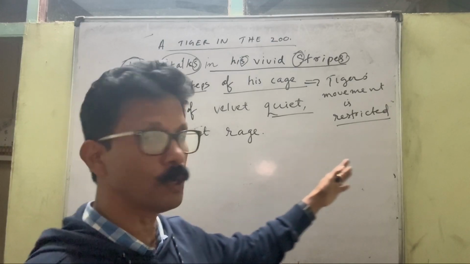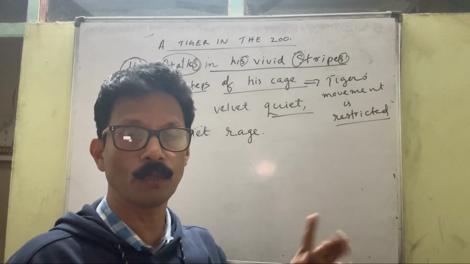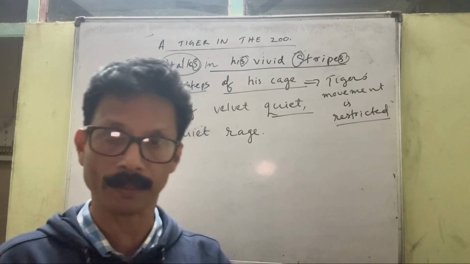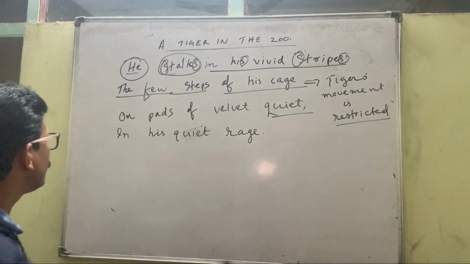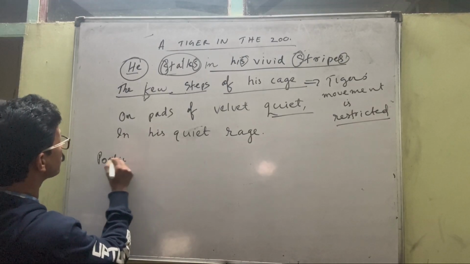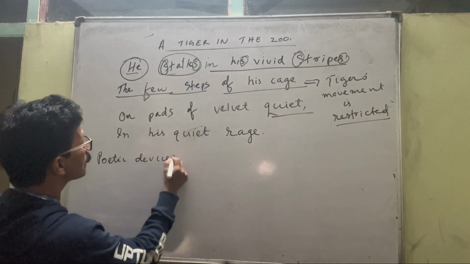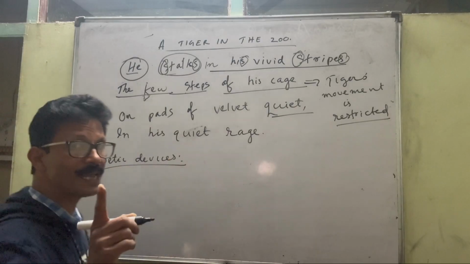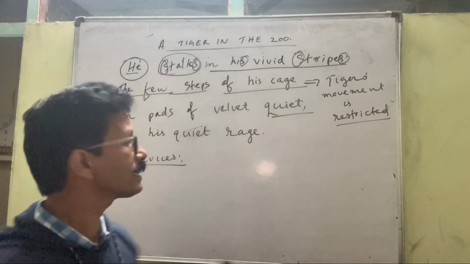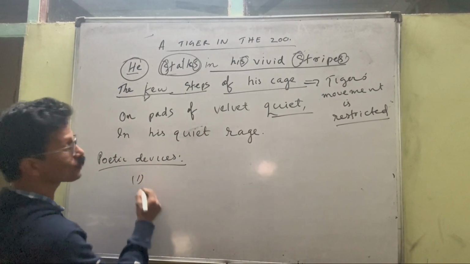You will have a number of options. 4 options will be there, and you will have to pick out the correct option, for which you will be awarded 1 mark. Okay, so we understand the poetic devices used in the first stanza of the poem. These 4 lines. Okay, so let us see number 1, that is personification.